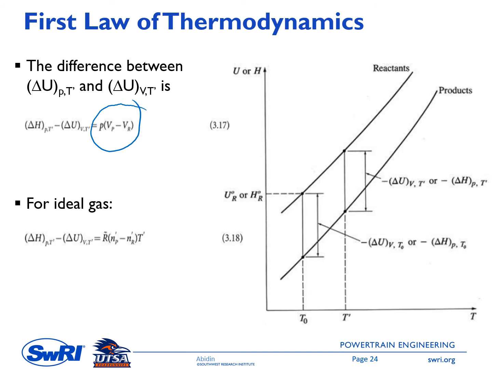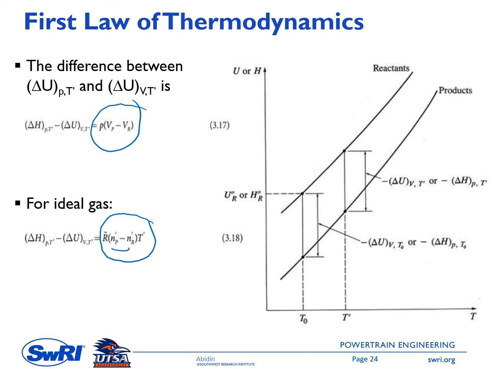Then we can replace this PV if we assume that the mixture follows the ideal gas law. Then we have R times N times T, but in here you have Vp minus Vr, so you have N prime P minus N prime R.